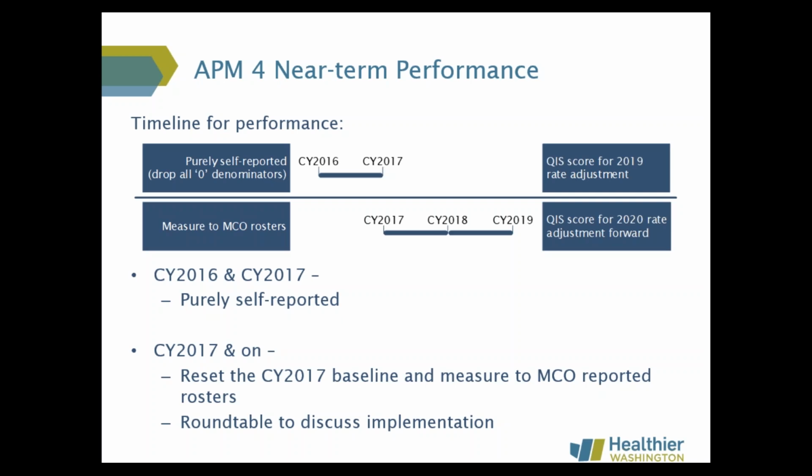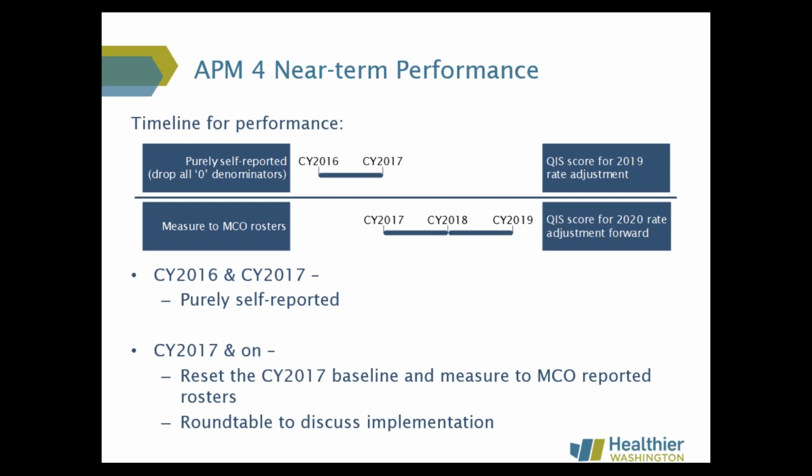We are targeting a roundtable discussion to talk about how we're implementing this going forward in the future, but for 2017 and beyond, think of them kind of in groups. In 2016 and 2017, for your QIS that's impacted in 2019, we're looking for purely self-reported information.